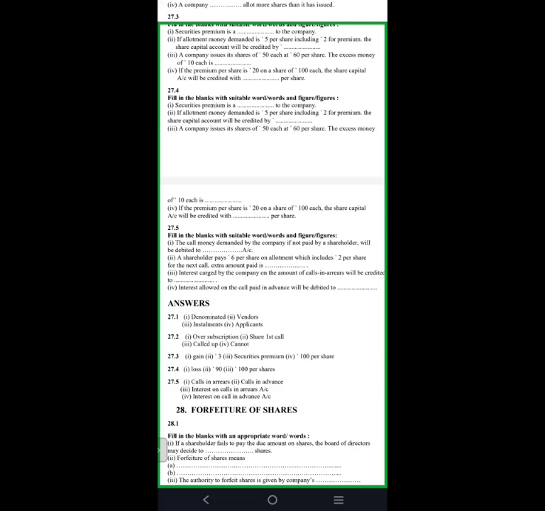If allotment money demanded is rupees 5 per share, including 2 for premium, the share capital account will be credited by the amount we already discussed in the previous question. The answer is 3.